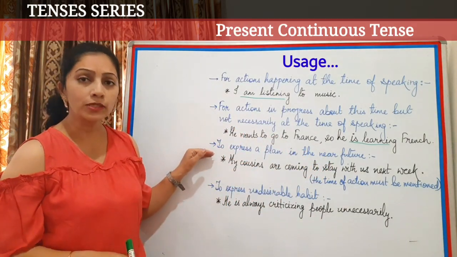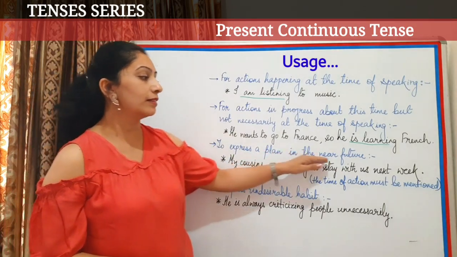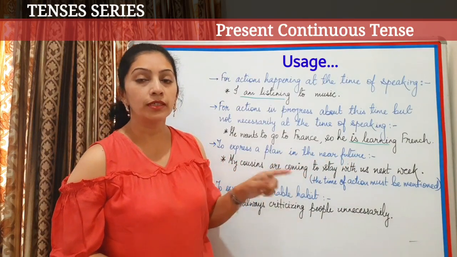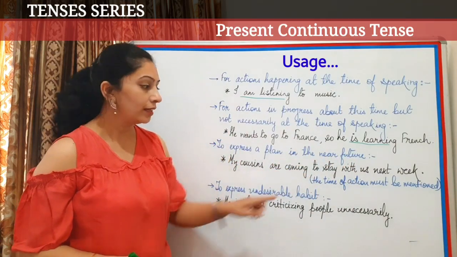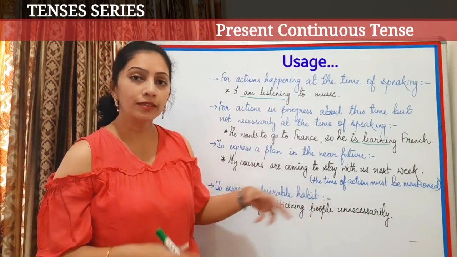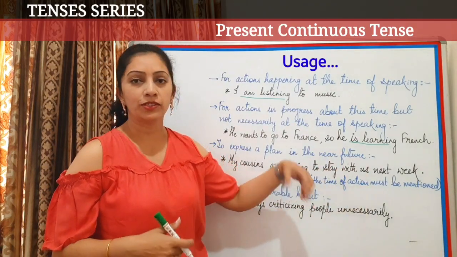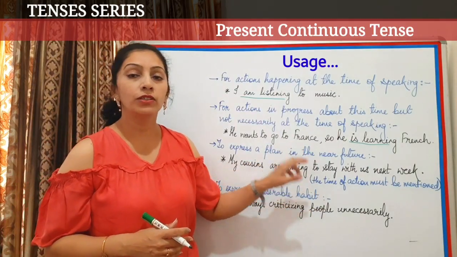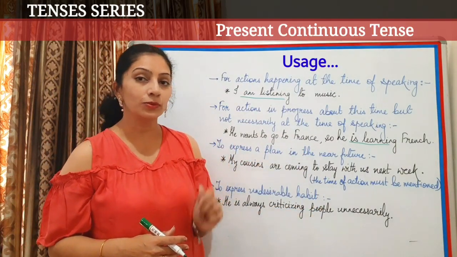So in that case also, present continuous tense is used. Now this tense is also used to express a plan in the near future. But when we are talking about near future, it is mandatory to express the time of action with certain words like next week, tonight, next morning. So here we have to use those time reference words.